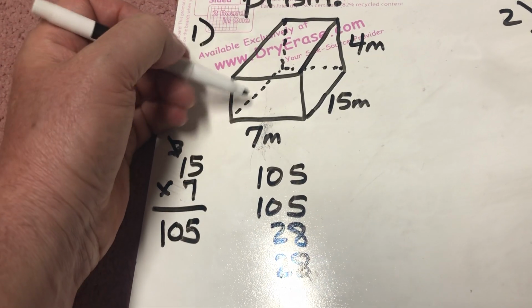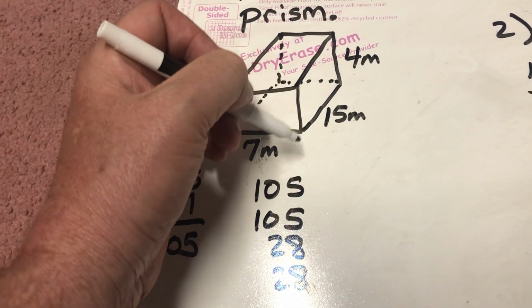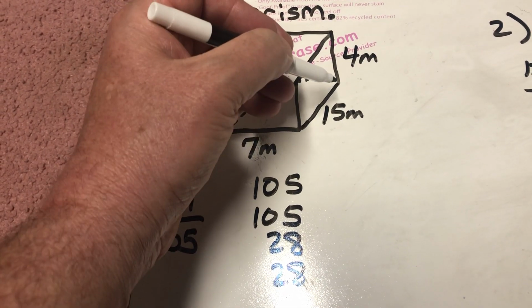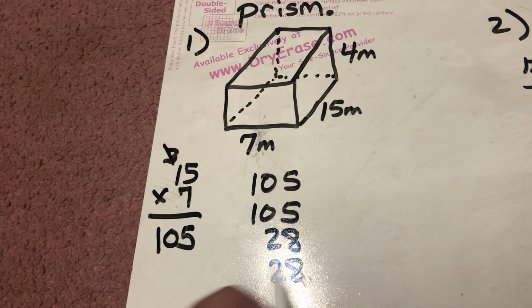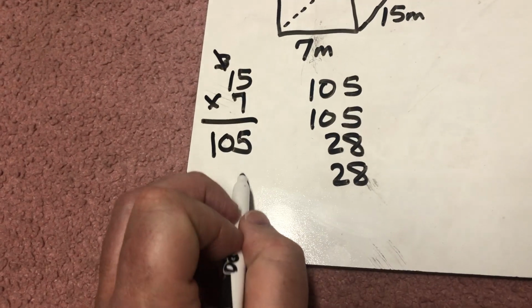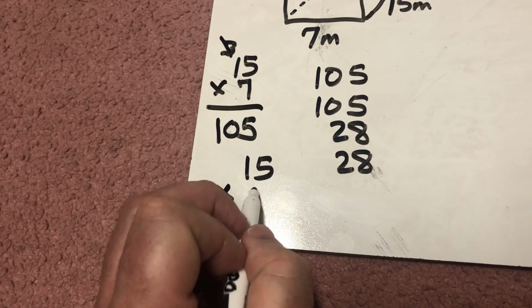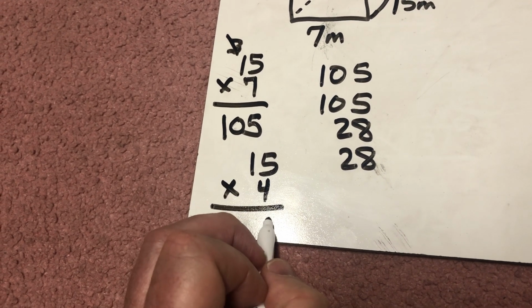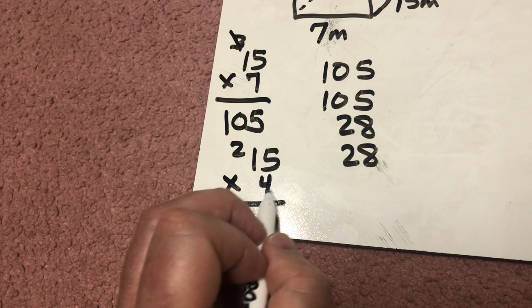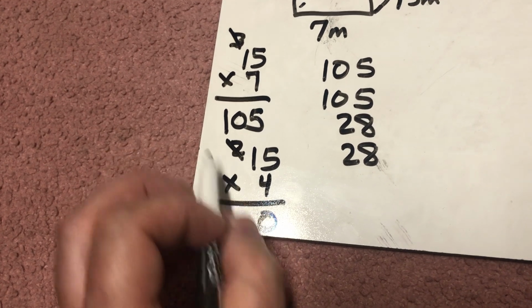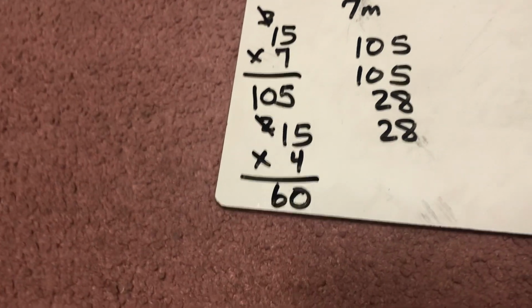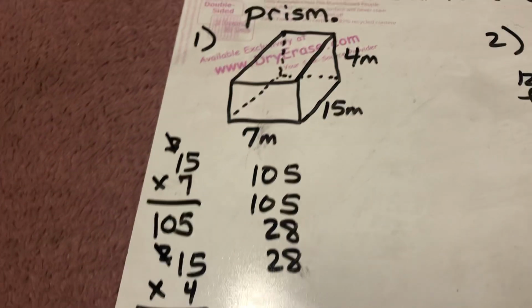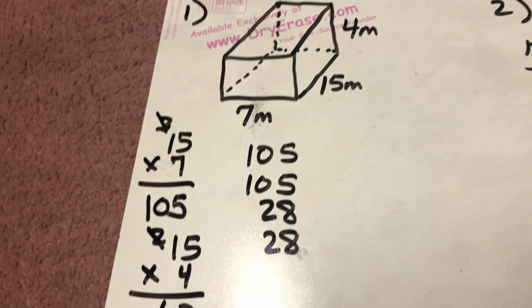Now, if I were to go with the left and the right, I can see that that's 15 times 4. Well, 15 times 4, if I come over here and want to do that just for mental math, scratch work, 4 times 5 is 20. Put the 0 down, carry the 2. 4 times 1 is 4, plus 2 is 6. I get 60.